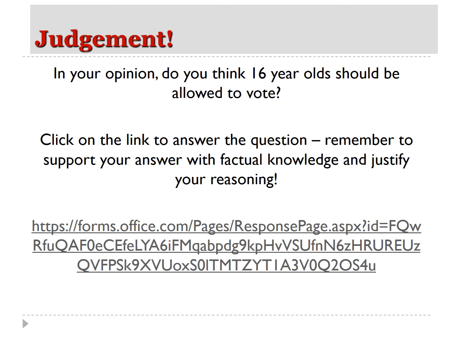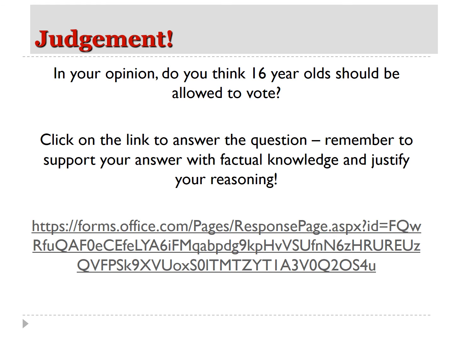So hopefully now, having completed that reading, you should have a clear judgment, a clear opinion on whether or not you think 16 or 17-year-olds should be allowed to vote. With that judgment, if you would open the form by clicking on the link, could you then answer the question on the form? So answering whether or not you think 16-year-olds should be allowed to vote, or whether you think it should remain at 18.